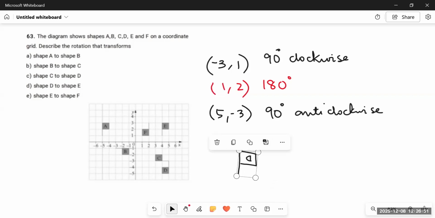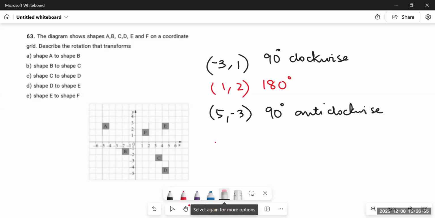So from D to E, it's a 90-degree rotation. So this is 1, 2, 3, 4, 4 units, right?